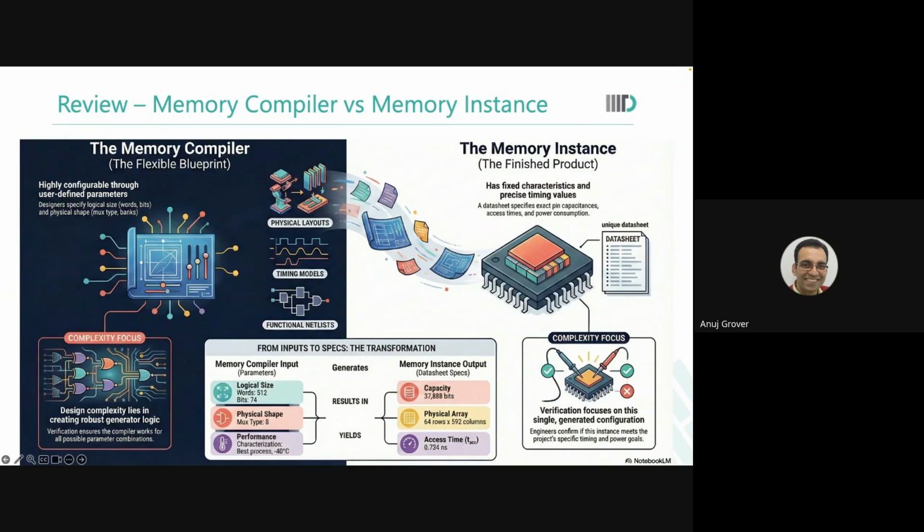So memory compiler is not just a software that does some tiling. Memory compiler is actually a Mat10 instance generation engine, where I did a Mat9 on the memory compiler, and then this engine goes in and says, okay, I know this is the timing for cut 1, this is the timing for cut 2.